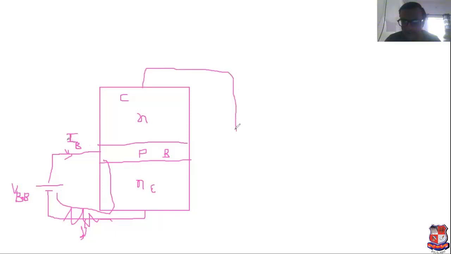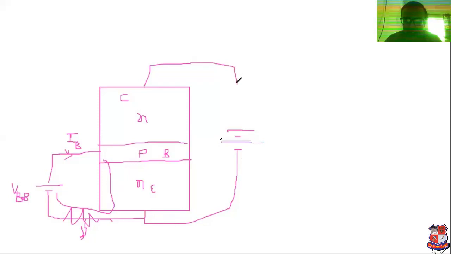Collector-base junction reverse bias means the collector is connected to the positive terminal, but a direct connection of the collector to the base is not possible. Why? Because the emitter is common. That's why all the electrons are transferred via the emitter. Please try to concentrate here.